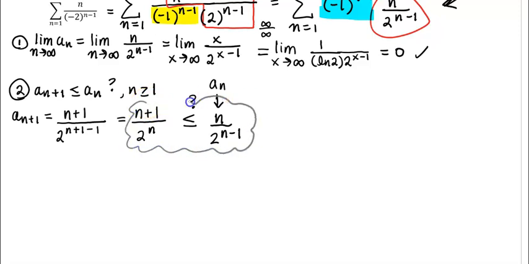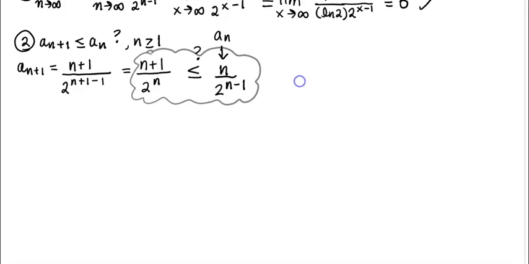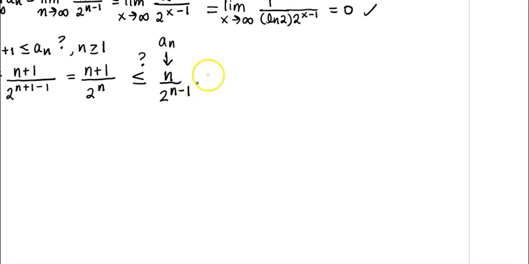I'm going to simplify this inequality and hopefully conclude that this inequality is true, if we can simplify it down to something that is true. So to begin to simplify this inequality, I'm first going to multiply both sides by 2 raised to the nth power. And I'm doing that because I want to clear out the fractions. So that denominator of 2 to the n will cancel, leaving me with n plus 1 in the numerator.